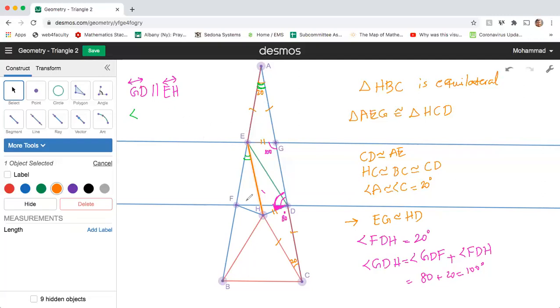So the angle FEH, based on this parallelism, would equal the angle BAC equals 20 degrees. So this is 20 degrees. And remember that this angle is also 20 degrees.